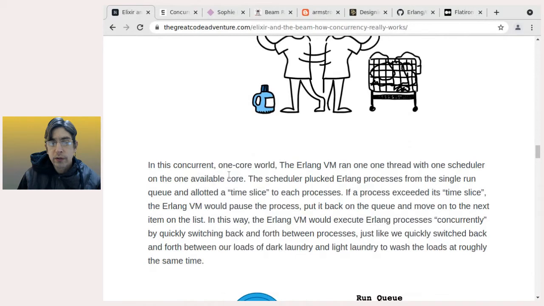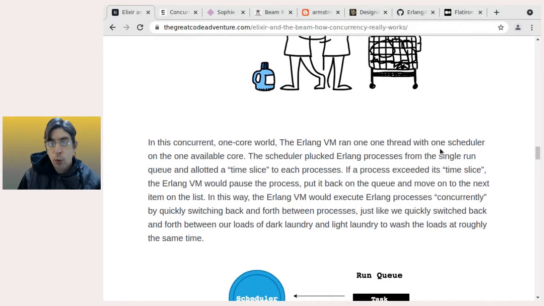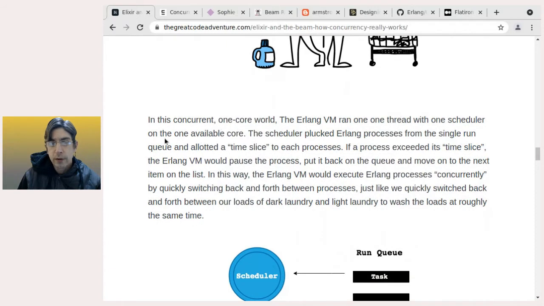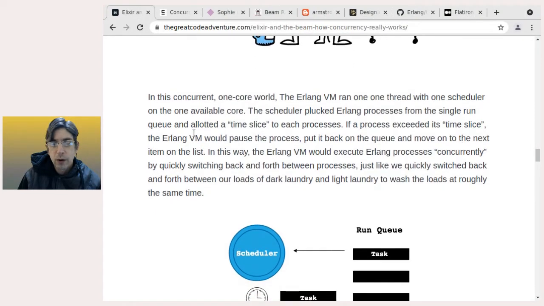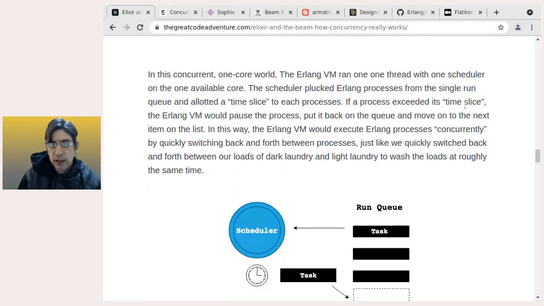In this concurrent one-core world, the Erlang VM ran one thread with one scheduler on the available core. The scheduler plucked Erlang processes from the single run queue and allotted a time slice to each process. If a process exceeded its time slice, the Erlang VM would pause the process, put it back on the queue, and move on to the next item on the list.